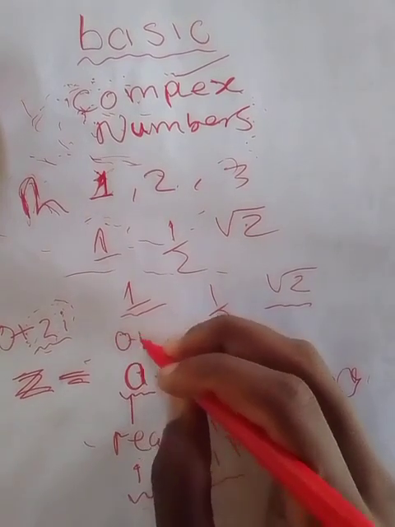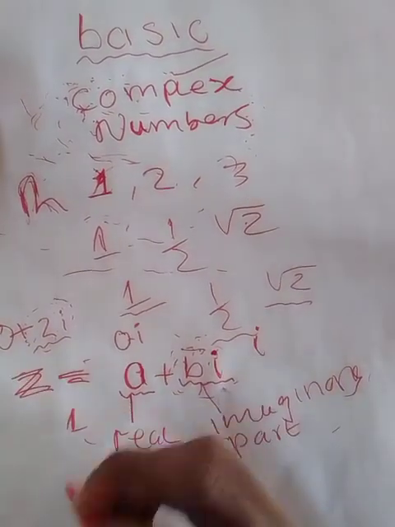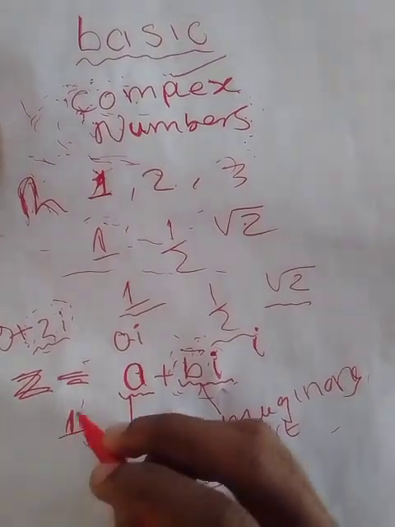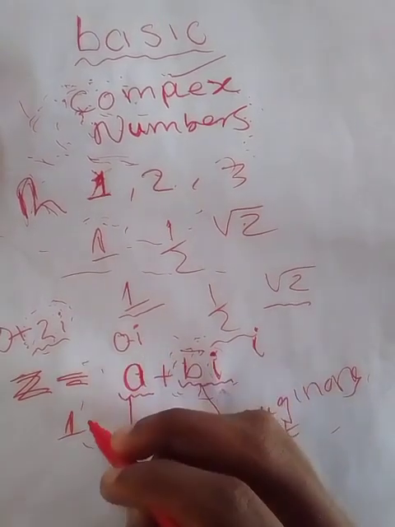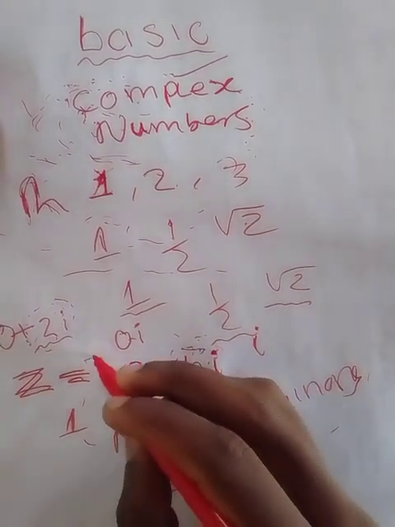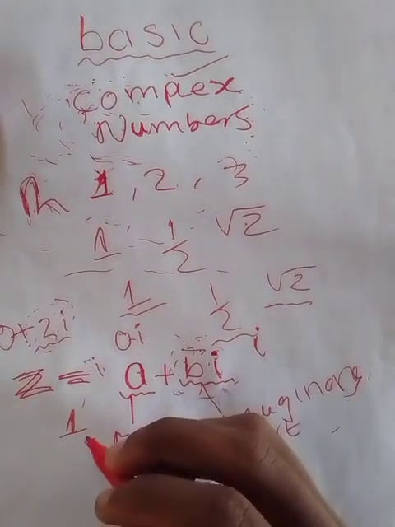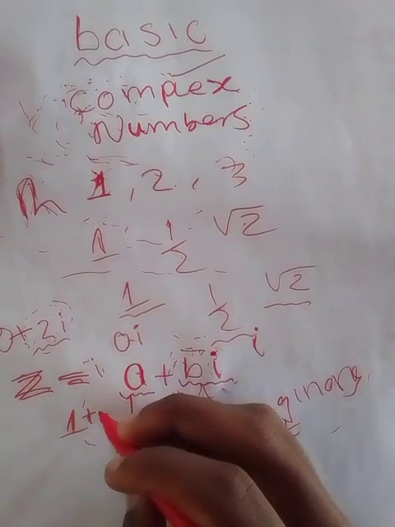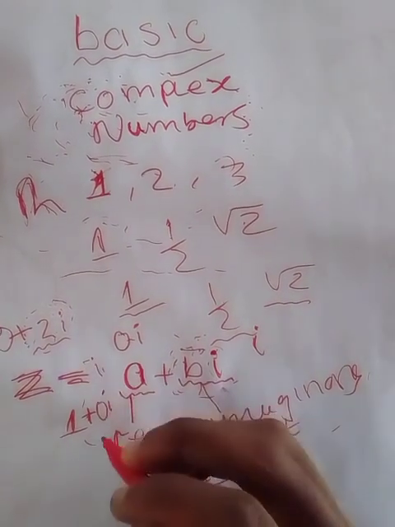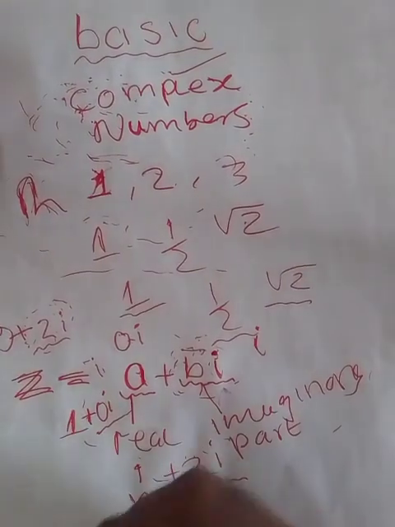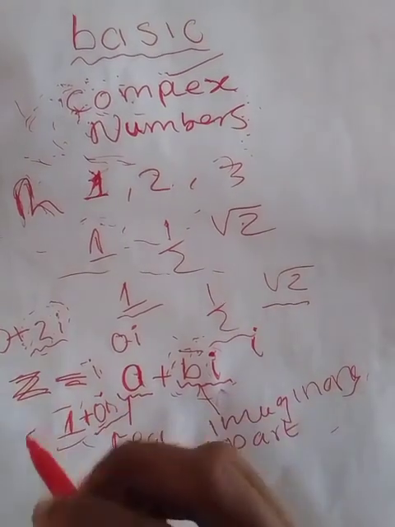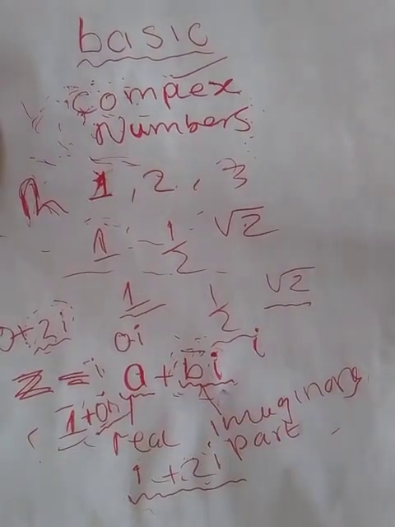For instance, when you just write 1, this is not a complex number because there is no I, it doesn't have an imaginary part. So you just need to know that it is the same as having 0i. There will be an example that I'll solve that will require you to use this concept. This is all you need to know.